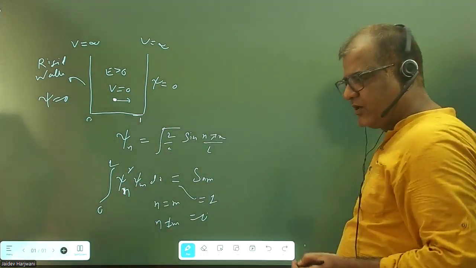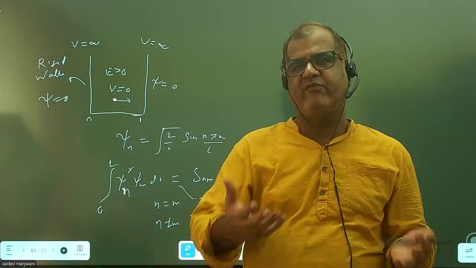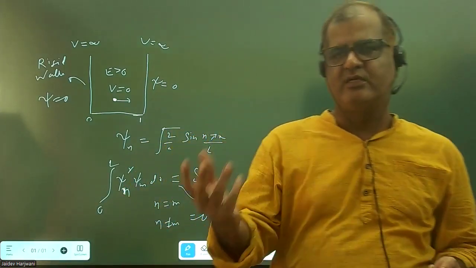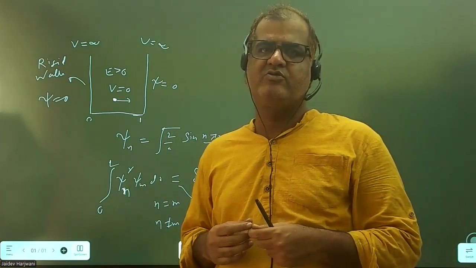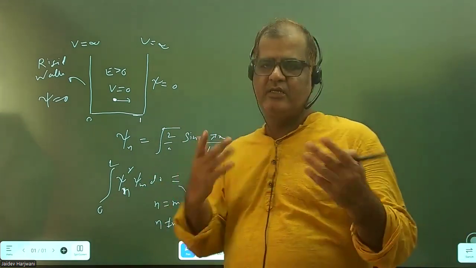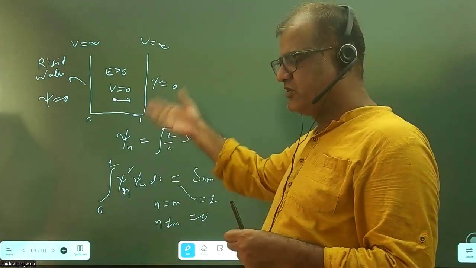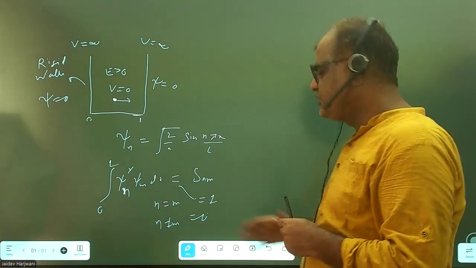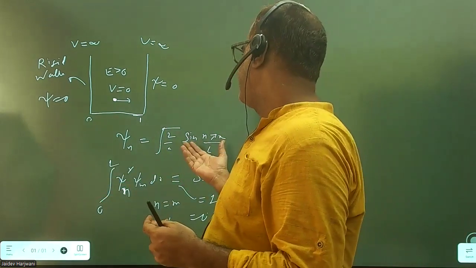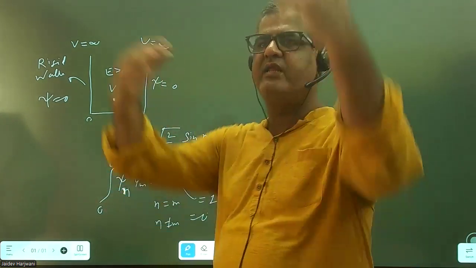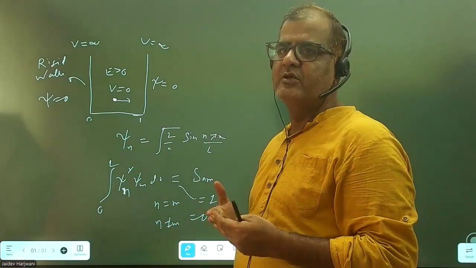So these functions are orthonormal, and we know in quantum mechanics orthonormal functions are very useful if I want to expand any function in terms of these wave functions. This provides mathematical simplicity whenever I expand any function in the basis of these functions. So these are the solutions of the time independent Schrodinger equation, providing infinite solutions, and these solutions are orthonormal also.